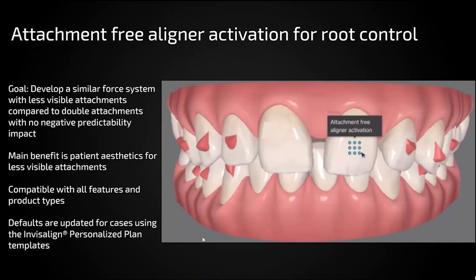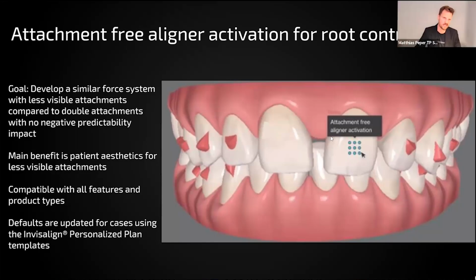So the defaults are updated for cases using the Invisalign personalized plan. And you can always find them if you have these attachment-free aligner activations. You can see all these points here. And that's very interesting.